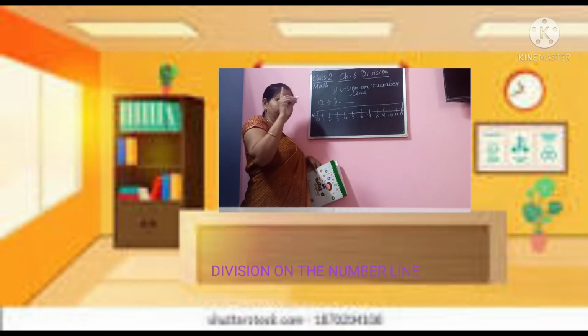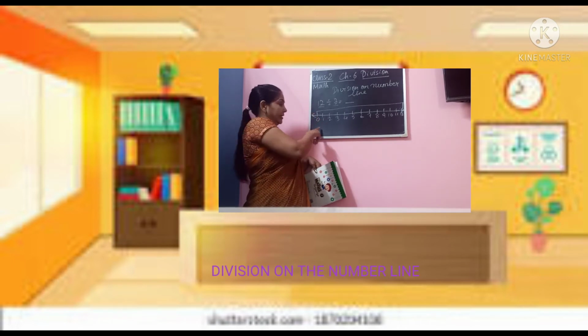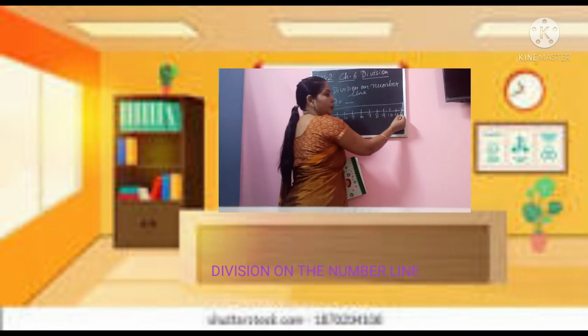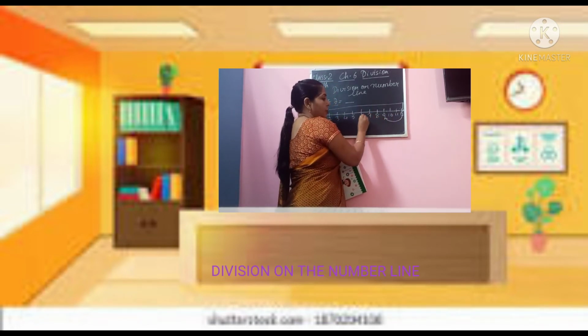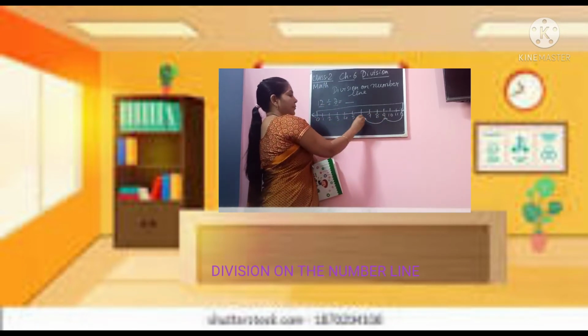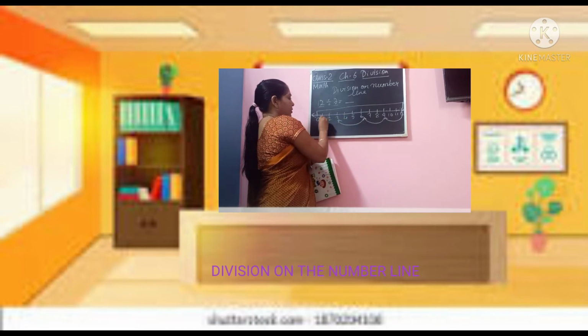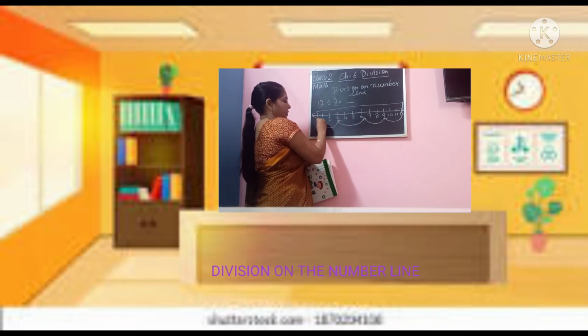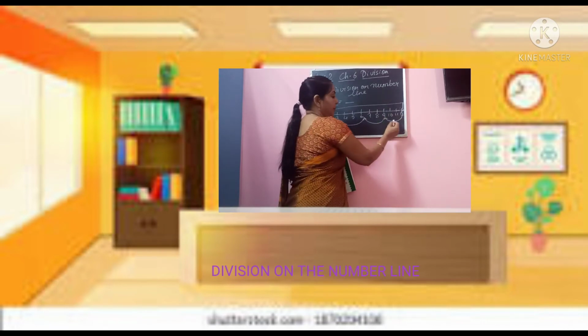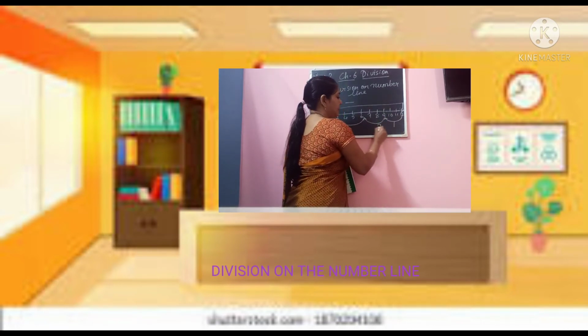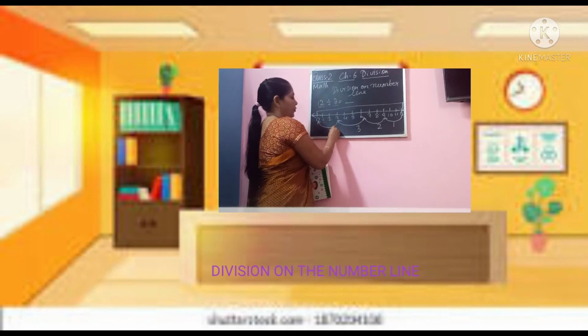So what we have to do to show the division on the number line, first and foremost, we will start from 0 and we will go to 12, because we are dividing 12 in 3 equal parts. Alright. So, in each part, how many numbers will be there? So, we'll straight away first go to 12.